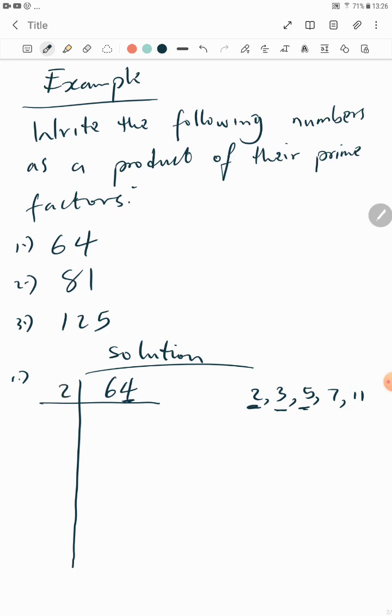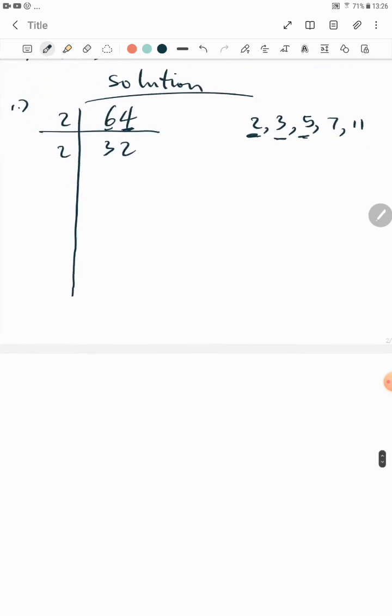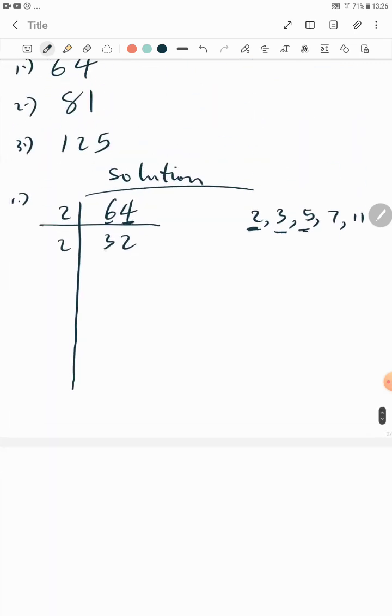So because 64 is an even number, I will begin with 2. 2 in 6 will give me 3. 2 in 4 will give me 2. And then I would use 2 again because 32 is obviously divisible by 2. So 2 in 3 will give me 1. Then remainder 1, I take that 1 to this 2.